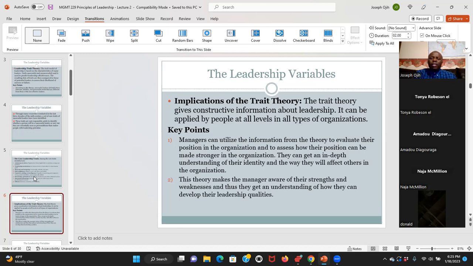Another implication is that, using it to evaluate their position in an organization, managers can become aware of their strengths and weaknesses. Not only that, by using this theory to assess their position in the organization they work for, they can get a true understanding of how they can develop their leadership qualities.